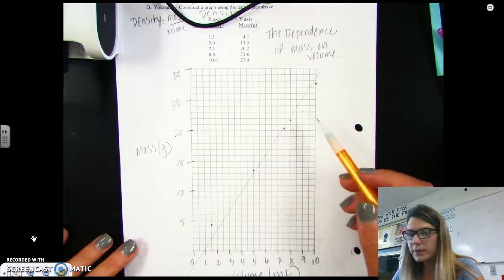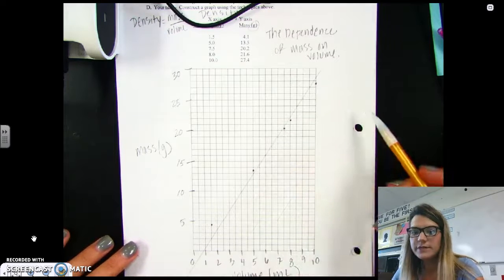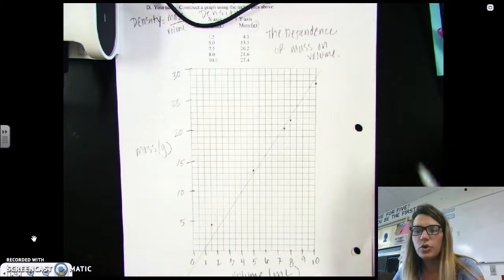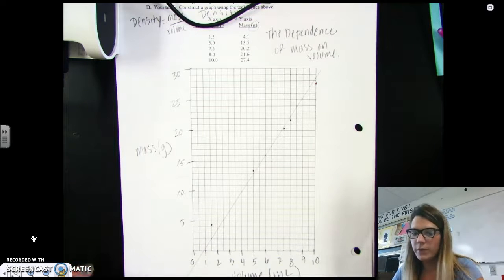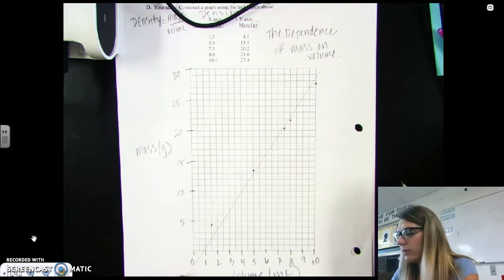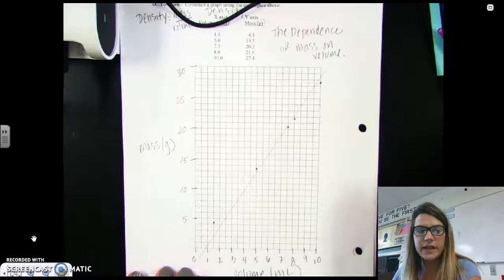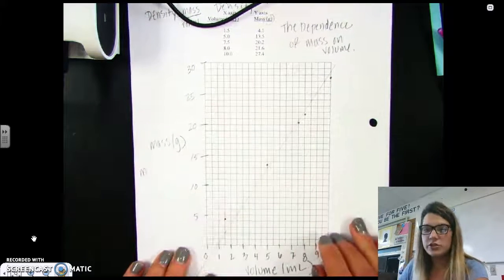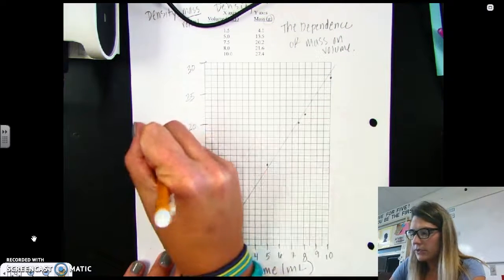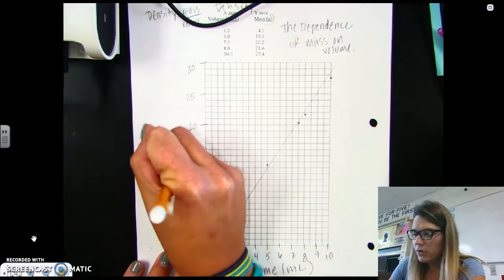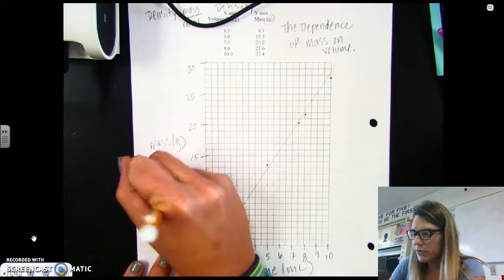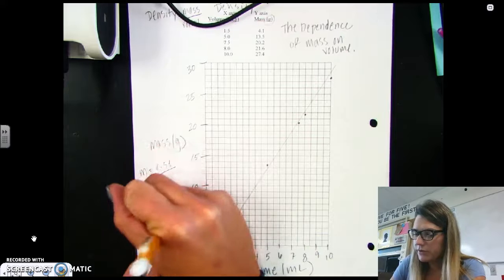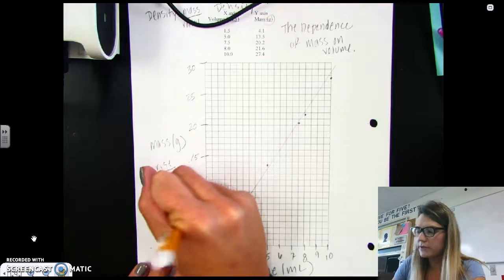But this line of best fit is going to be what I calculate slope off of. I'm not calculating slope off of the data points that are given to me because I'm trying to find the average of all of the data points. So now let's calculate slope. You can do this one of 2 ways. I can do m is equal to rise over run, or I can do m is equal to y2 minus y1 divided by x2 minus x1.